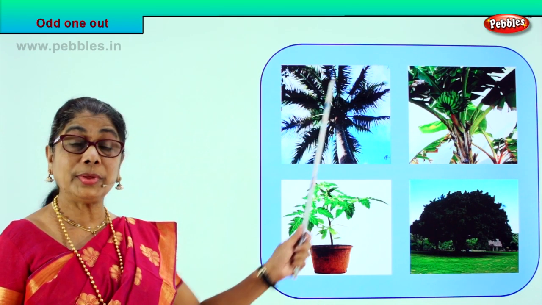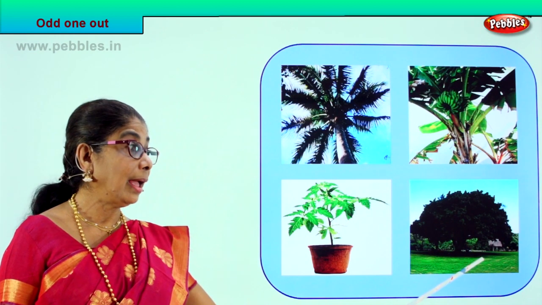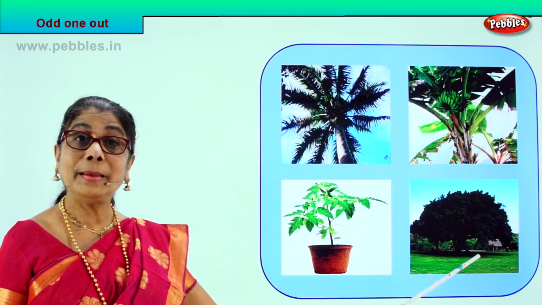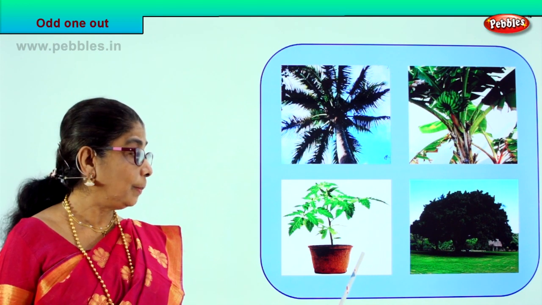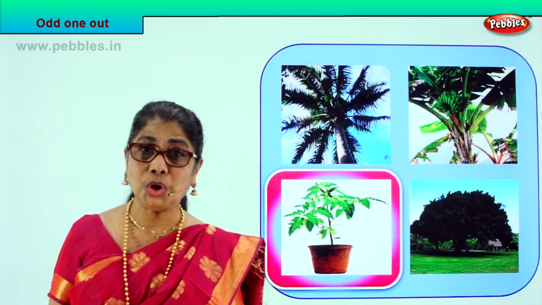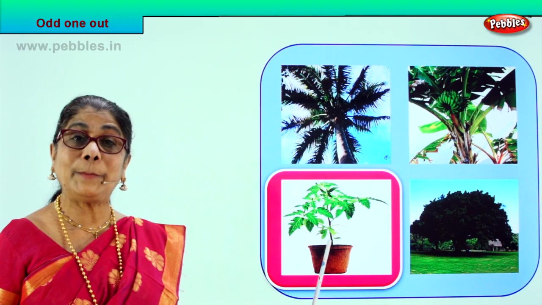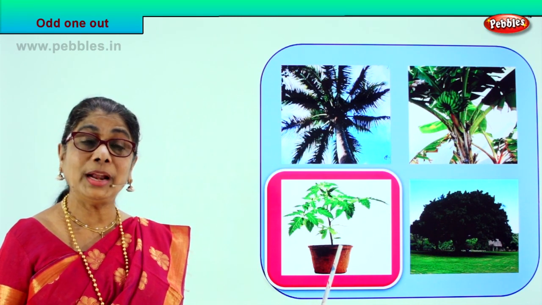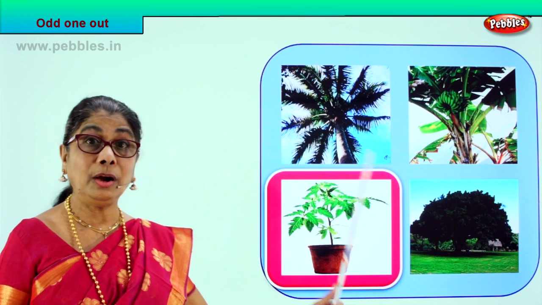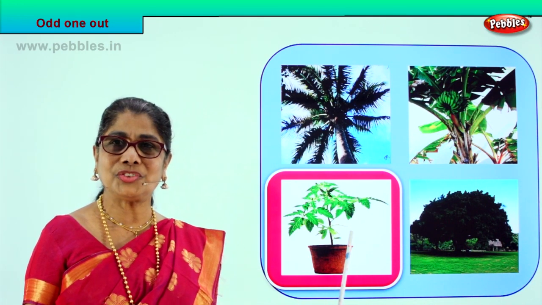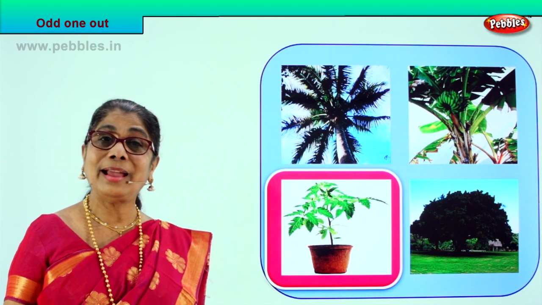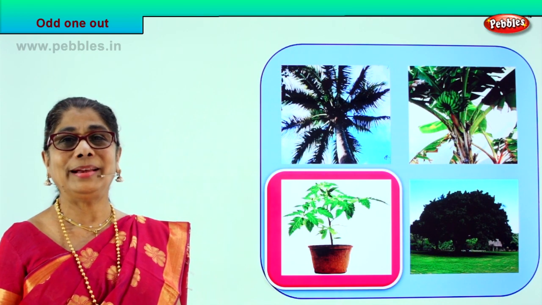We have a coconut tree, banana tree, and banyan tree, and this is a tiny little tomato plant in a pot. So which is the odd one out? The tomato plant is the odd one out because the other three are huge trees. Very clever children. Learn to find how to pick out the odd one.